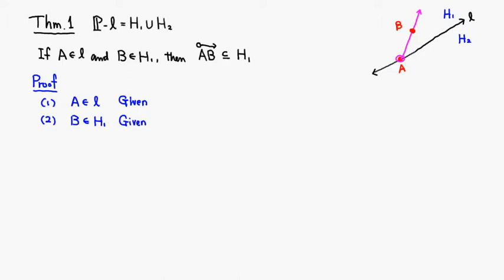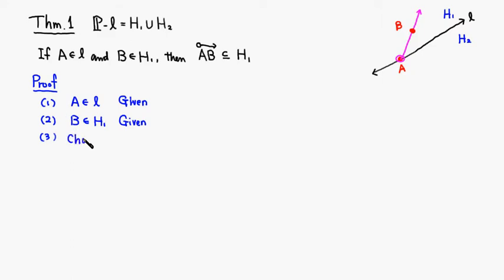In order to show that something is a subset of another set, pick any arbitrary point in the smaller set and show that it actually belongs to the larger set. So we're going to start with line 3.